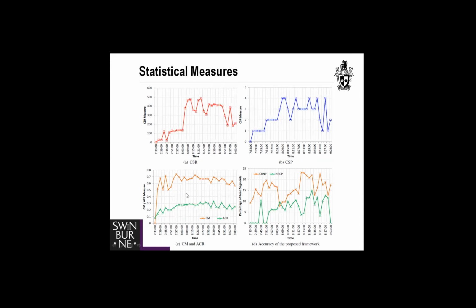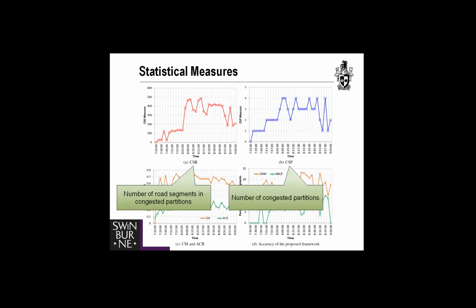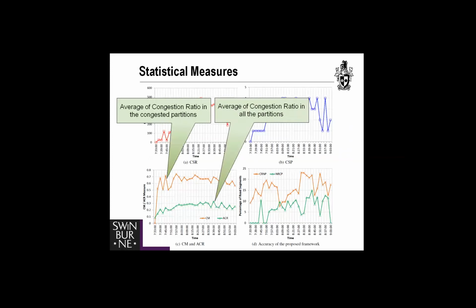In figure C, we see there are two curves. The first one in orange is the congestion magnitude, which, as I mentioned before, is the average congestion ratio in the congested partitions, and the green one is the average congestion ratio in all the partitions. We see that there is a big gap between these two curves, which is actually the room to optimize the traffic flow.